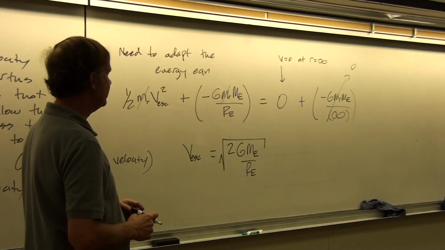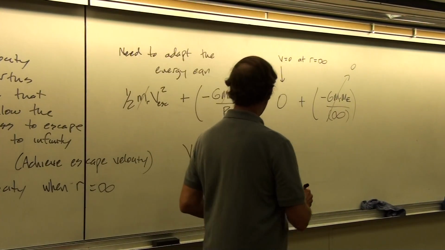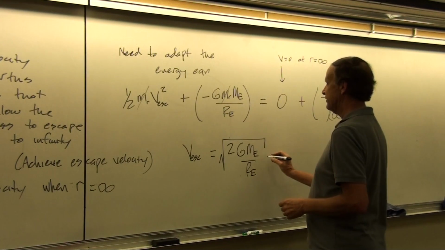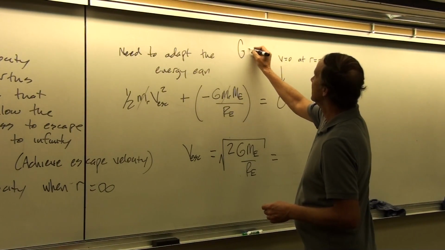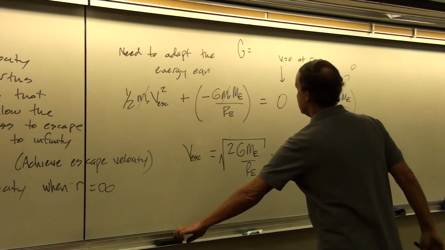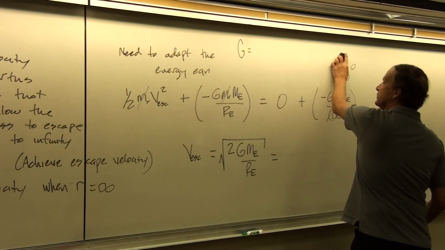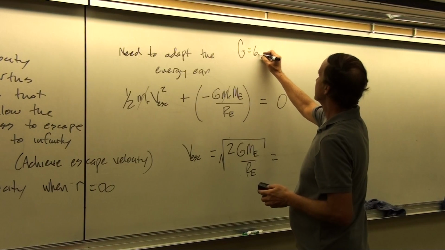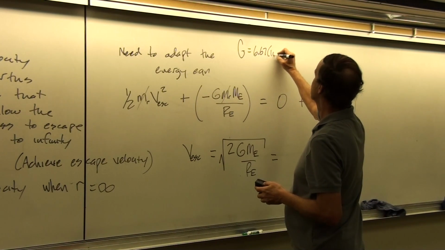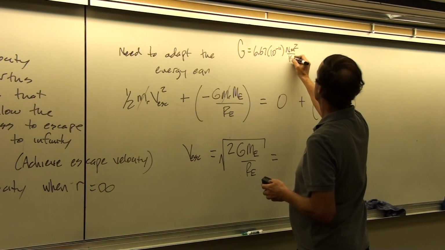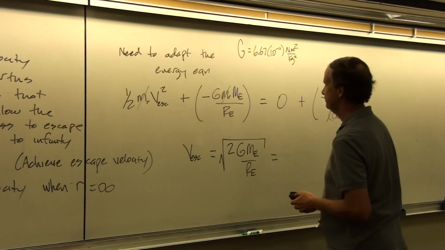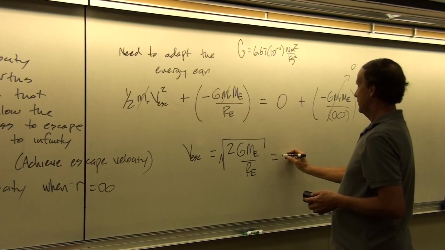And so if we plug in values for that, using the universal gravity, remember this is big G, not little g. Big G is the gravitational constant, and that is equal to 6.67 times 10 to the minus 11 Newton meters squared per kilogram squared. So plug that in.